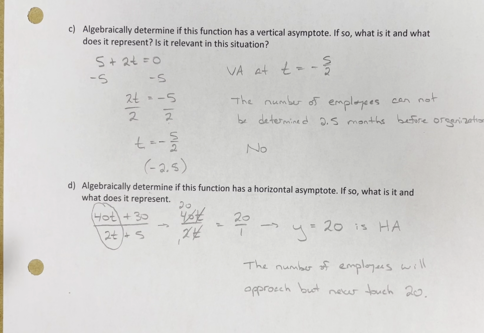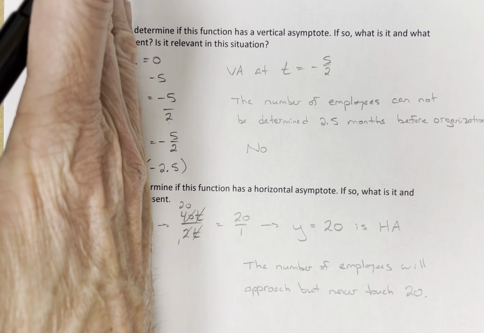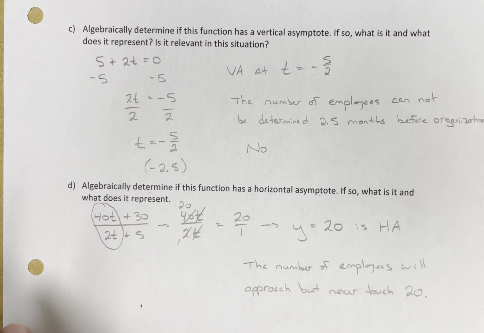That's kind of a strange thing to say. Obviously you're going to go from 19 employees to 20 employees, but mathematically, using this model, the number of employees will never be 20. That's the mathematical piece and how the mathematics turns out when you work with it. So there you have it, a variety of application problems. Remember, we're focused on the positive half of the graph as we look for our solutions.